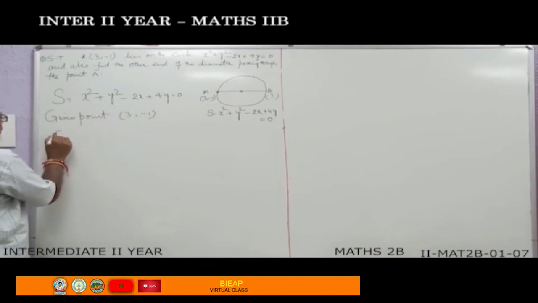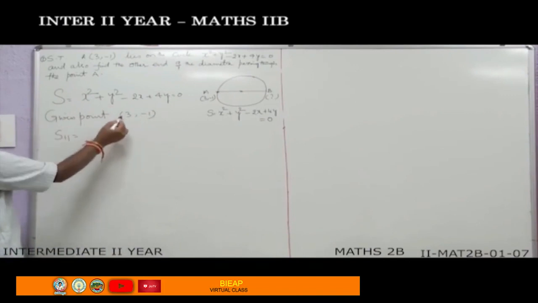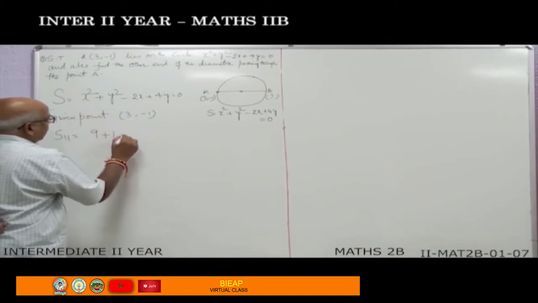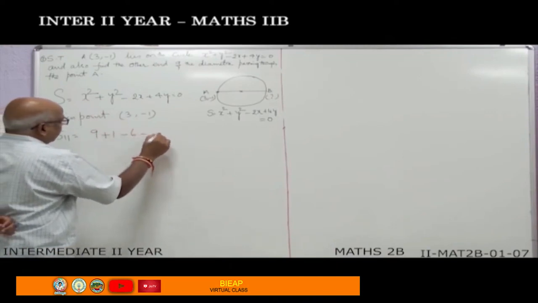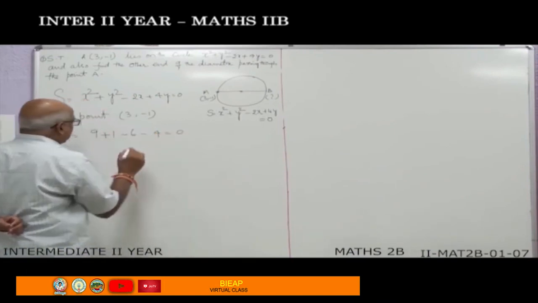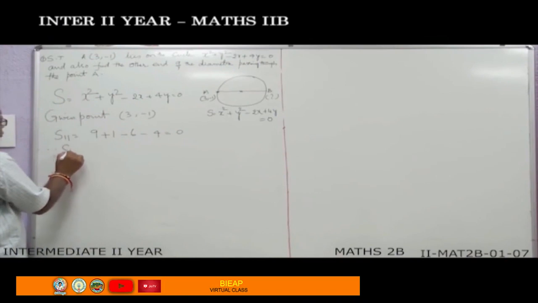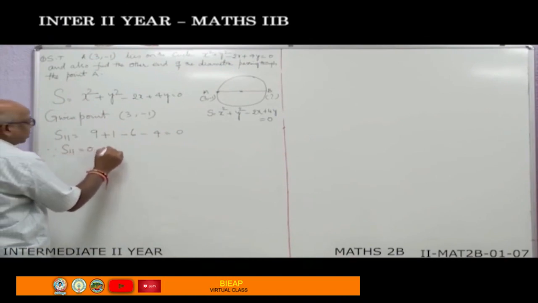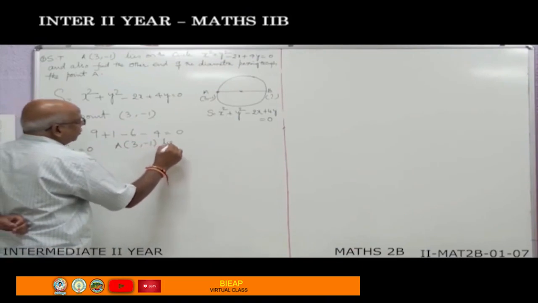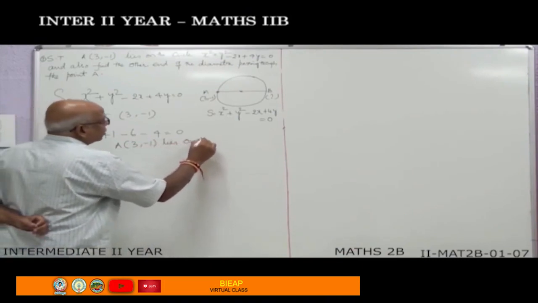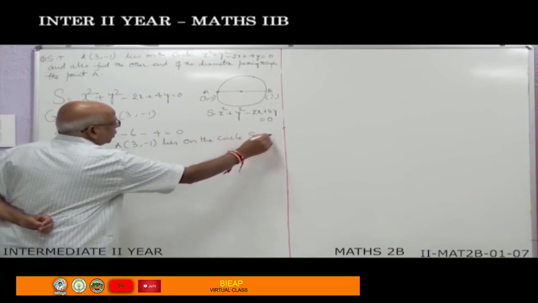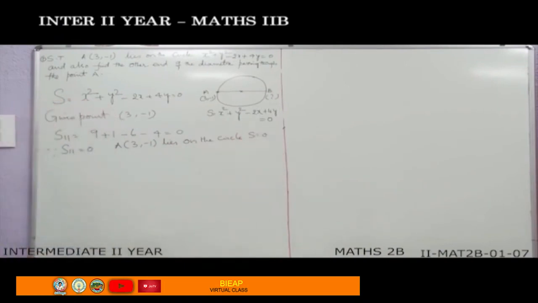S11: substitute the point here, 9 plus 1 minus 6 minus 4, 10 minus 10 results 0. Since S11 equal to 0, A(3, -1) lies on the circle S equal to 0. That is our first part.